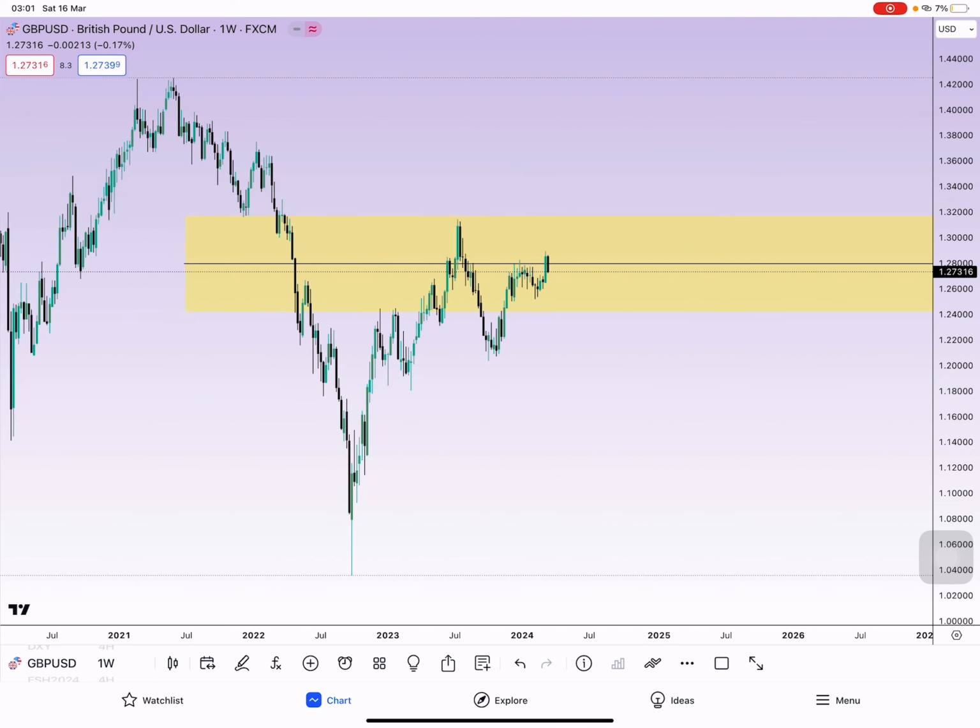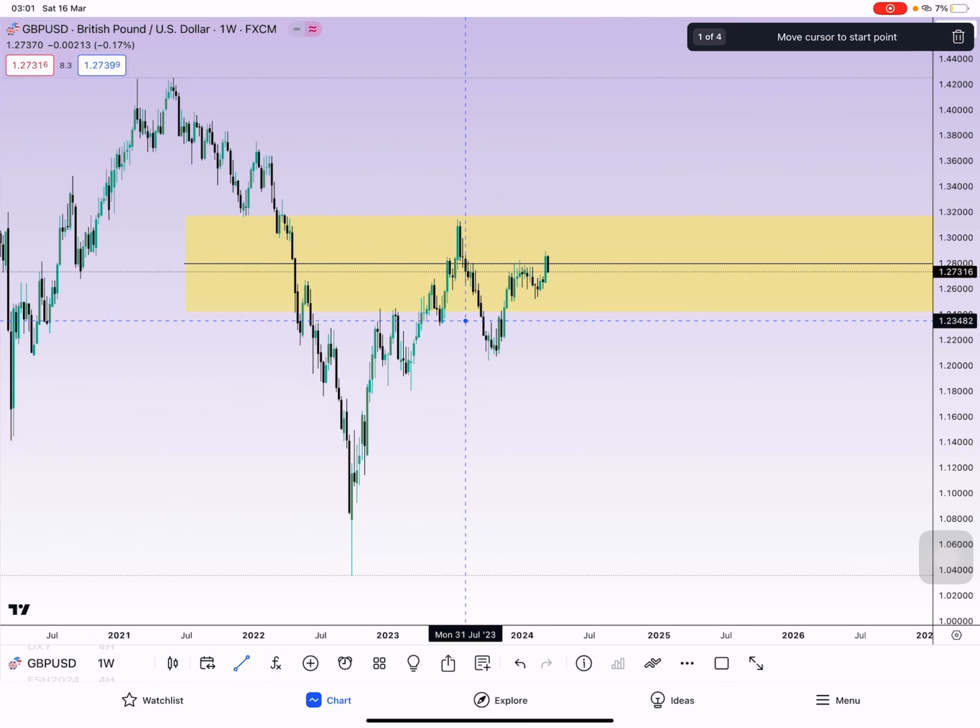Now it's the weekly chart. We can see another gap here on the weekly time frame. Let me mark it as well.